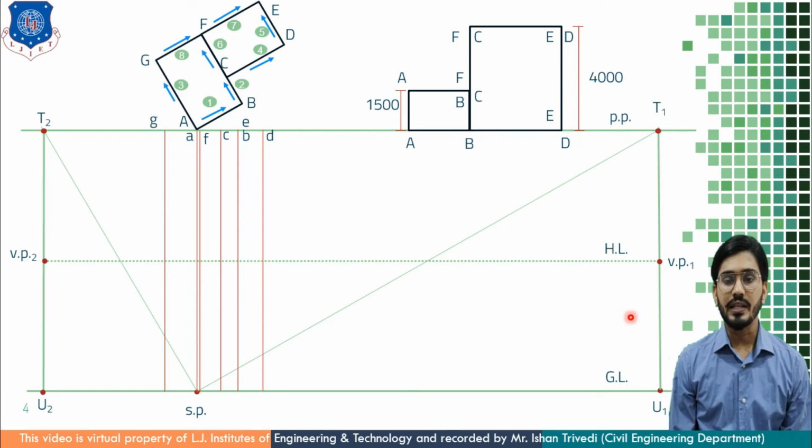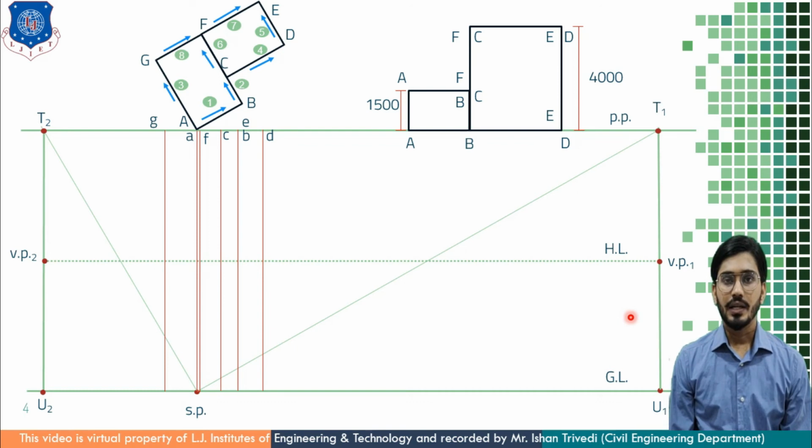So these are also known as VP at right hand side and VP at left hand side. If I am moving towards the right hand side, I will connect the right hand side VP. If I am moving towards the left hand side, then I will connect the left hand side VP.